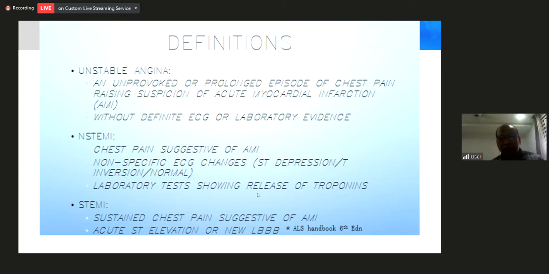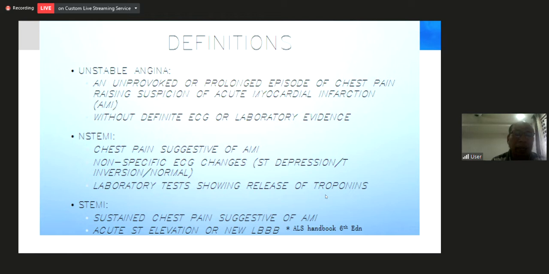In non-STEMI, the chest pain occurs suggestive of MI, but the patient can present with unspecific chest pain. The ECG can be normal also, or can have ST depression or inversion. But the laboratory shows release of troponin. This is very important, release of troponin.